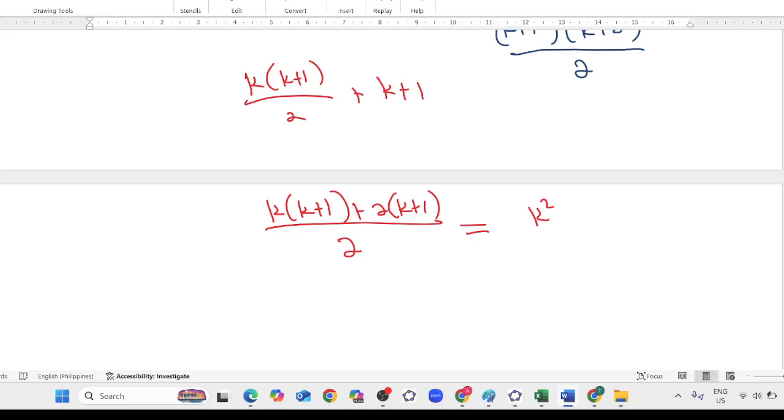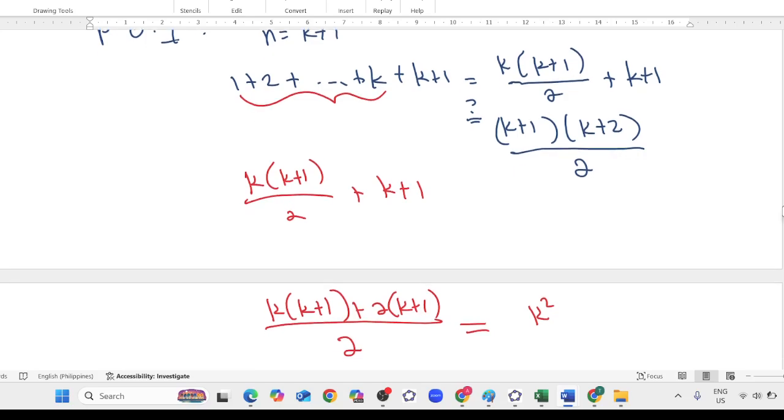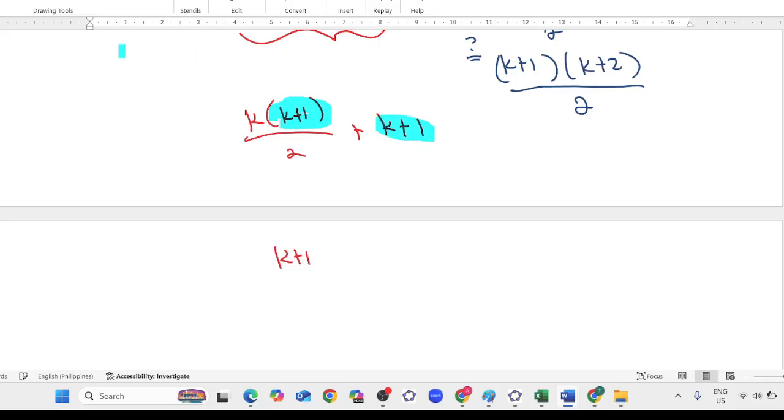Actually, I can just factor out k plus 1 to make it faster, sorry. Anyway, let's just target it. So this should be k plus 1. I factor out k plus 1, and what remains is k over 2 plus 1.